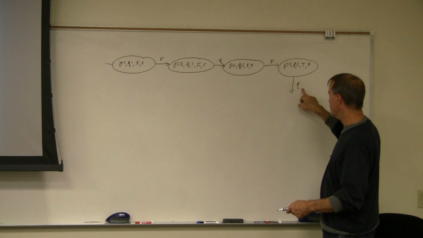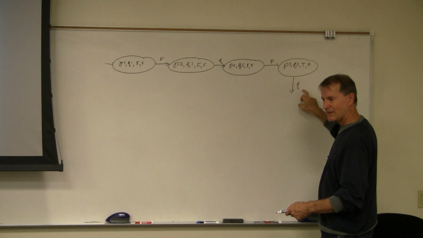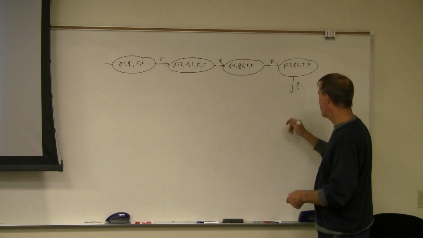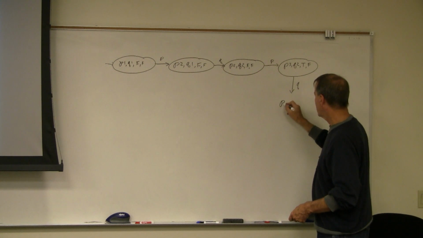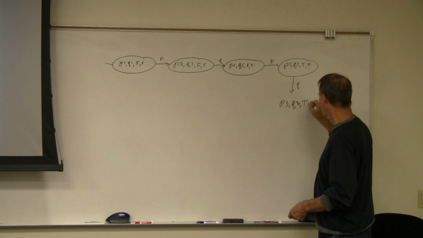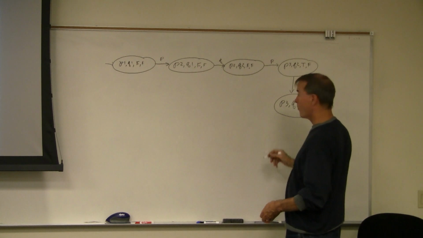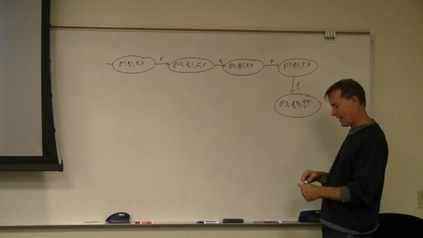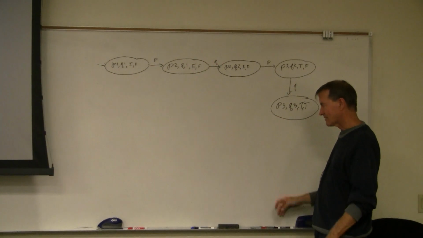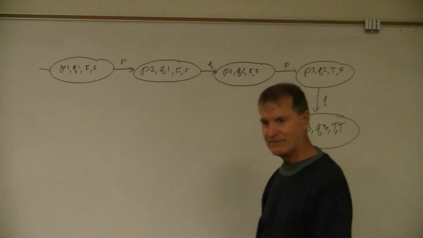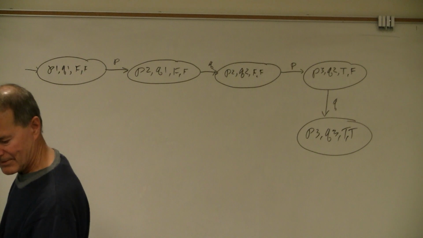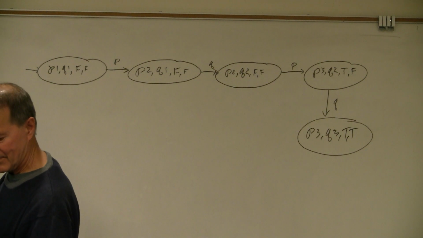Okay, so now if Q executes, what's going to happen? So now if this executes, what's going to happen here? P3, Q3, true, true. And what's the deal? Is it deadlock?